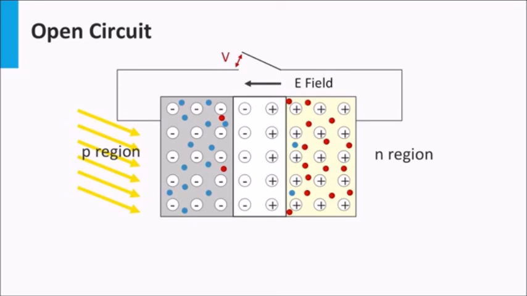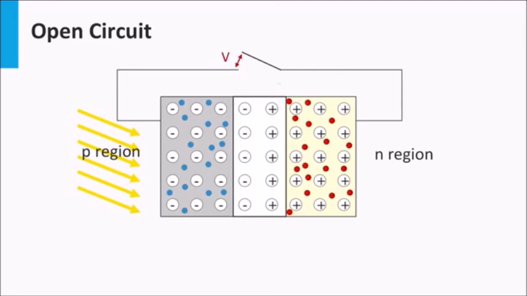In that case, the dominant drift current of light-excited charge carriers will positively charge the P region with holes and negatively charge the N region with electrons. This charging creates an electric field opposite to the built-in electric field and reduces the net drift current again.